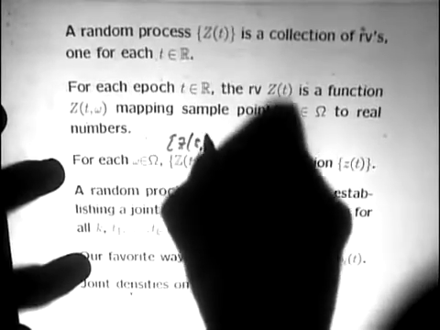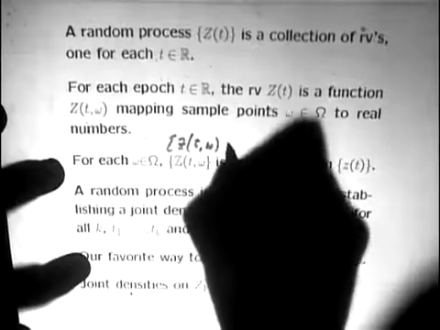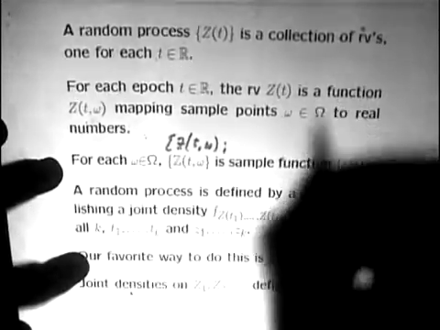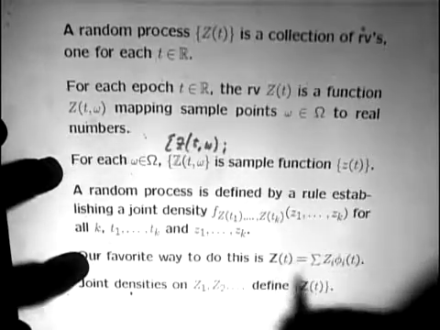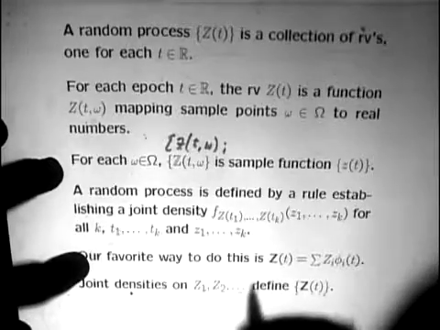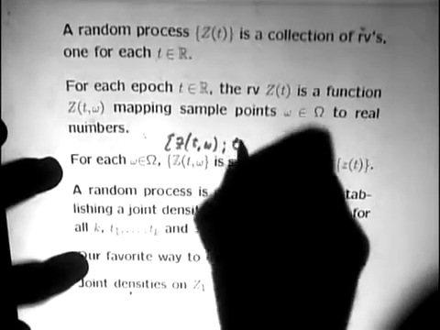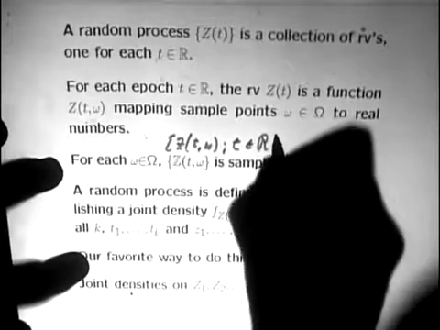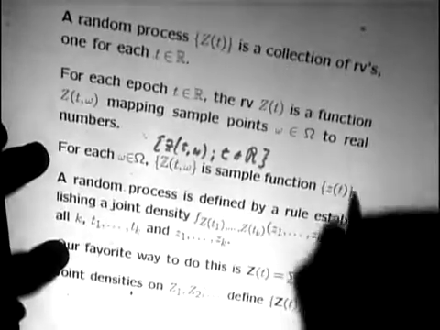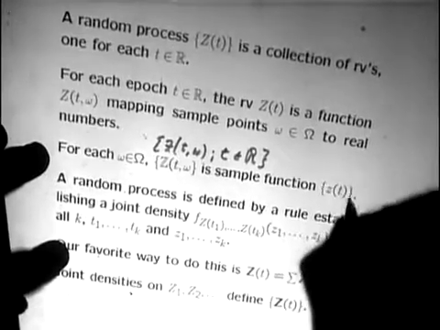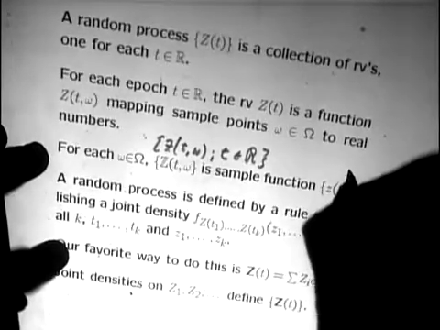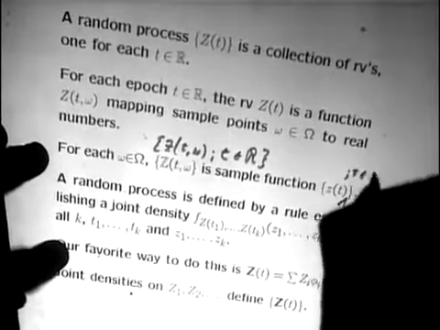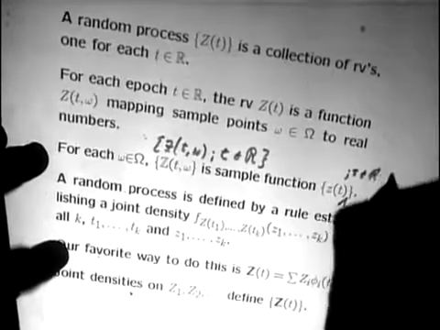Z(t, omega) for t in R is a sample function Z(t) in R.